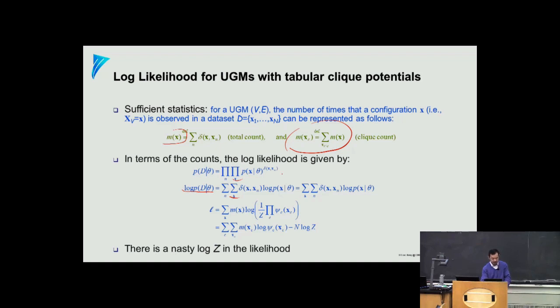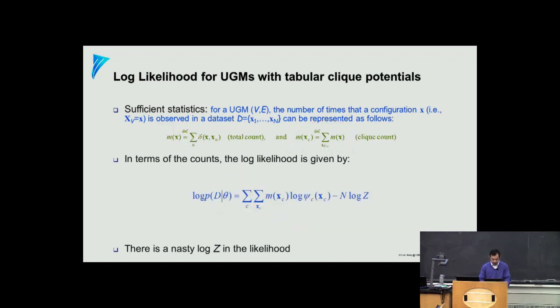That basically makes the connection of the log likelihood to those m's that you obtained directly from data. So this effort is to connect a symbolic expression of the log likelihood to the actual observations you get from data. And again, we have this nasty Z that we need to worry about.